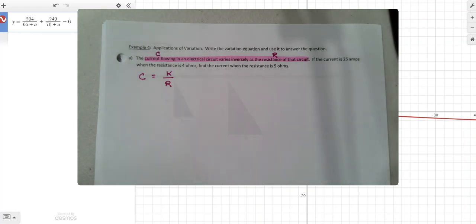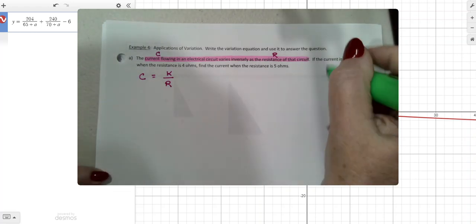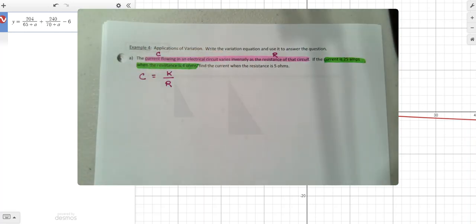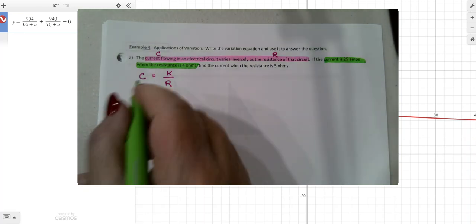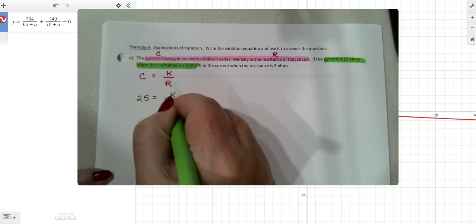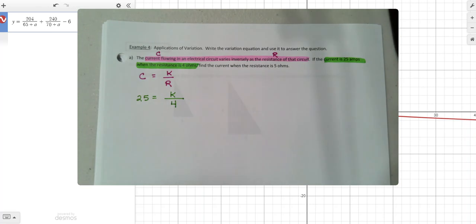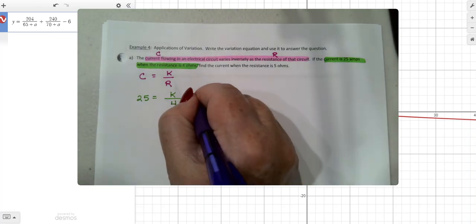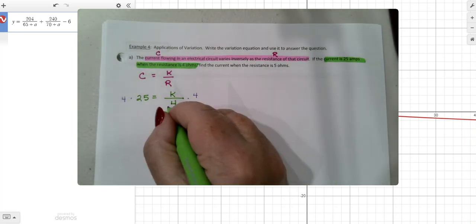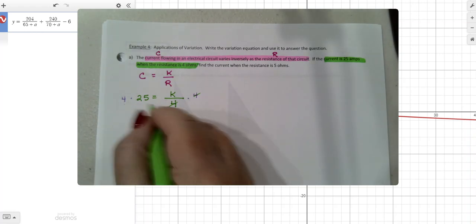Next, they're going to give me some information that I can plug in. We're told the current is 25 amps when the resistance is 4 ohms. So let me put that information in. 25 for current, 4 for resistance. And so if I just multiply both sides of my little equation by 4 here, I can see that K is 100.